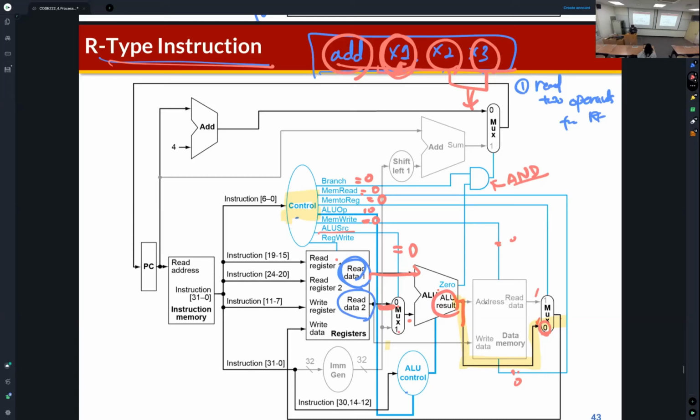So reg write should be 1, because this instruction requires register write.